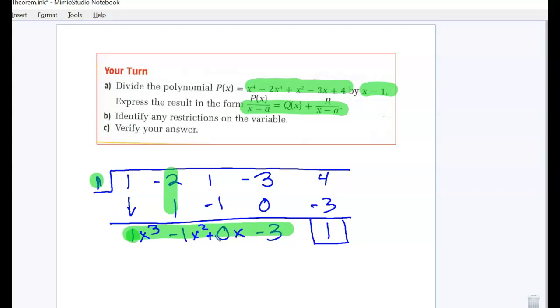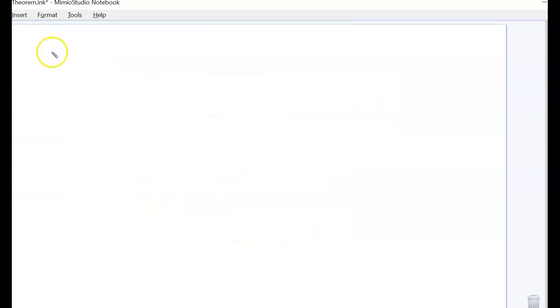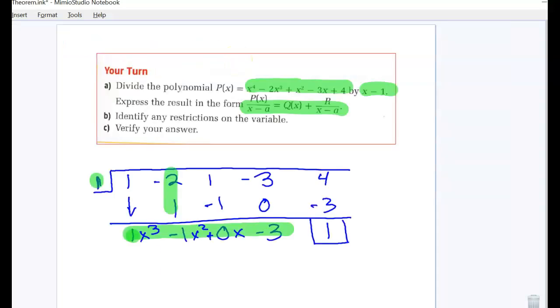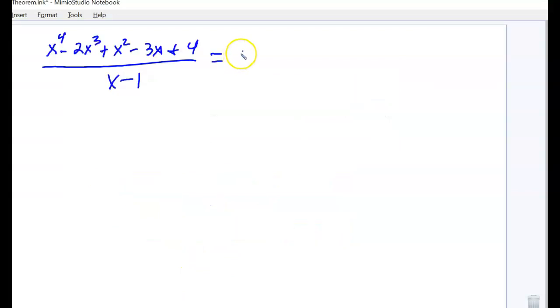So if I want to write this in the form they want me to write it in, I'm going to have to write it, first of all, as the original polynomial, x to the 4th minus 2x cubed plus x squared minus 3x plus 4, all divided by x minus 1, and that equaled my answer down here, which was x cubed minus x squared minus 3 plus 1 over my divisor, which was x minus 1.